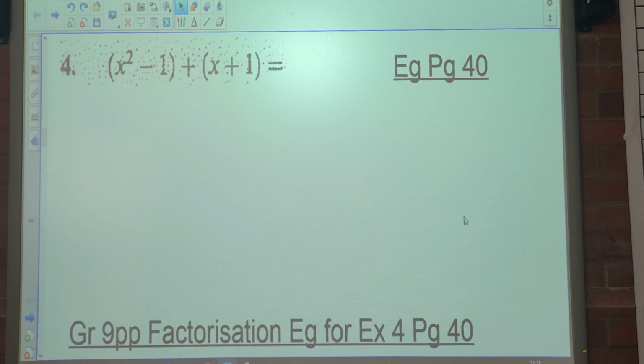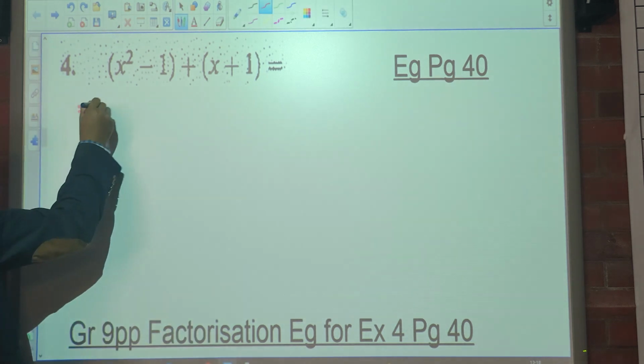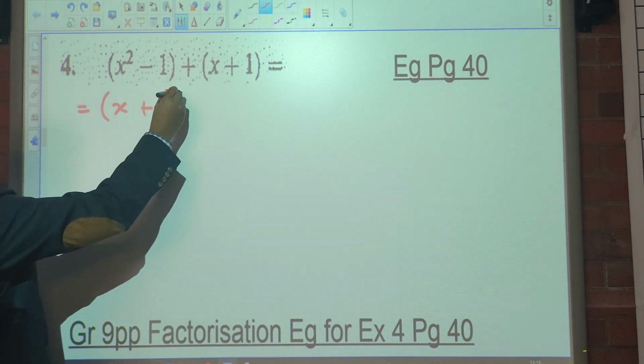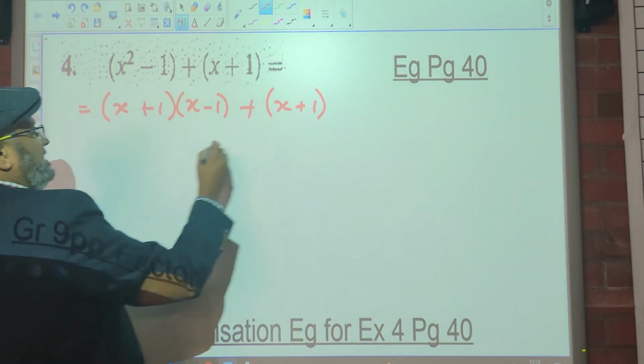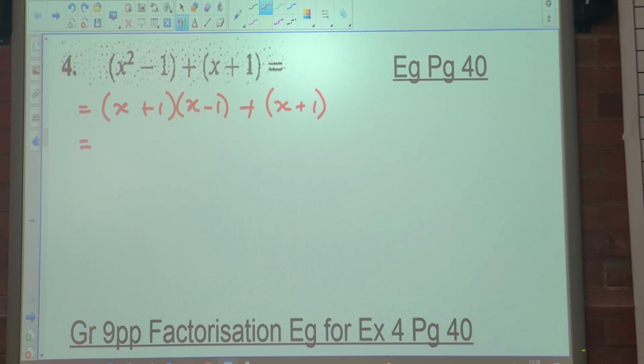So what are we left with now? x plus 1, x minus 1, plus x plus 1. Now what do we notice? Common brackets. Take out the common bracket there of x plus 1.